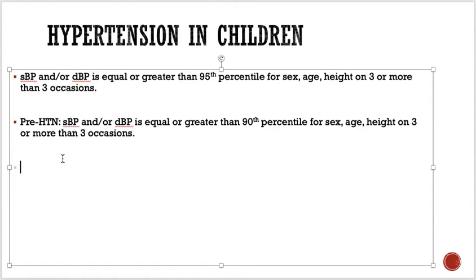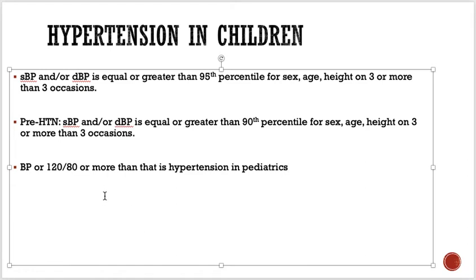One of the things which is completely acceptable and well established is that a blood pressure of 120/80 or more than that is hypertension in pediatrics, irrespective of the age, sex, whatever.